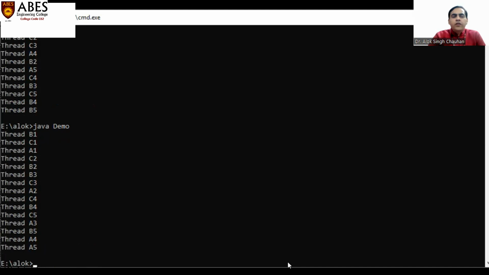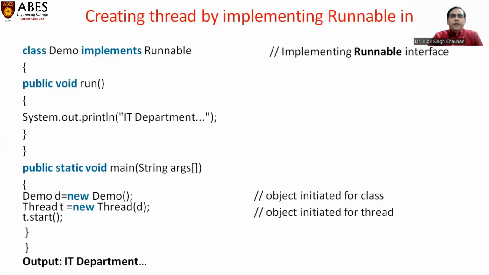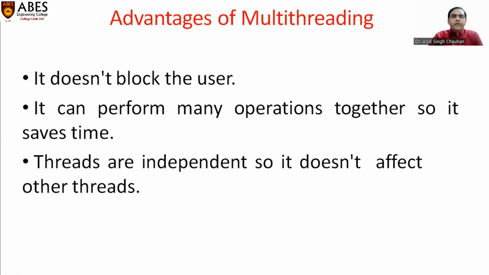So this is how we can run multiple threads simultaneously, either by extending the thread class or by implementing the runnable interface. This is how we can implement more than one class in the form of threads using either extends thread or the runnable interface. Now, what are the advantages of multithreading?